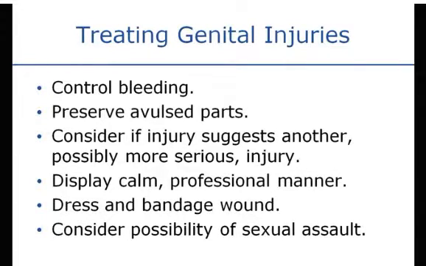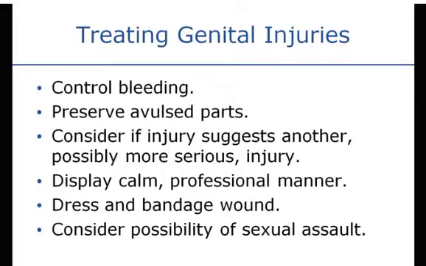With genital injuries, there can be bleeding, particularly severe bleeding, because both the penis and the vagina are quite vascular, and the soft tissue in those areas, when damaged, can cause bleeding. So you control bleeding, but we're not going to pack a vagina that's bleeding.